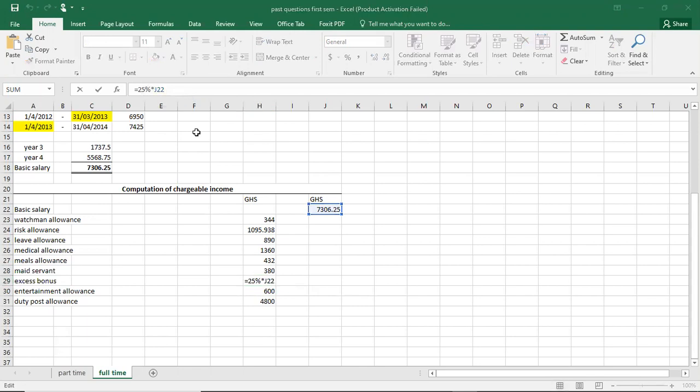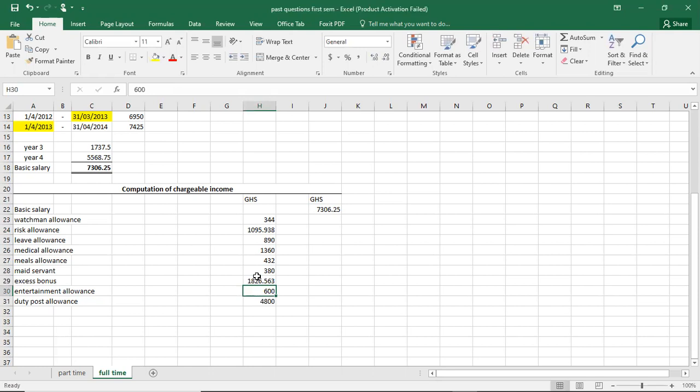Then I expect you to know where column J is and where row 22 is, and so you should be able to identify which of the figures in J22 we are multiplying this one with. So that is just by the way.